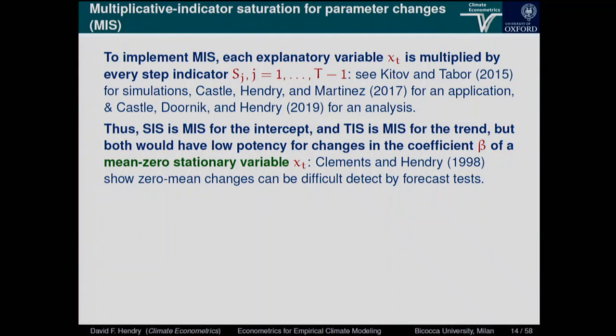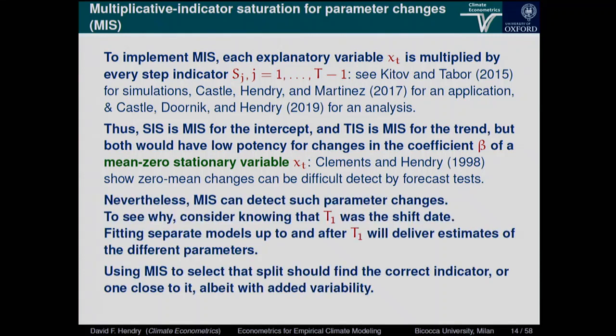And so multiplicative indicator is just a part of a long sequence in which we take perhaps mean zero stationary variables, which IIS, SIS, and TIS would not detect any change in, because they're all determined by the non-zero effect that those variables have.